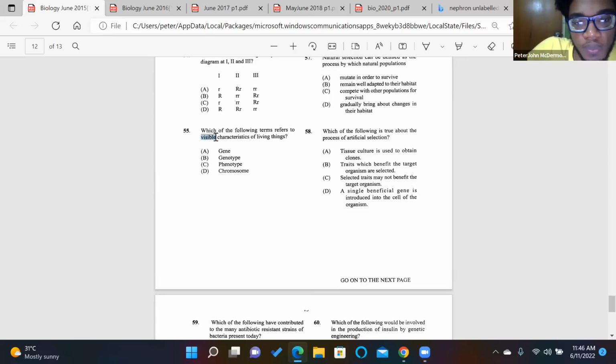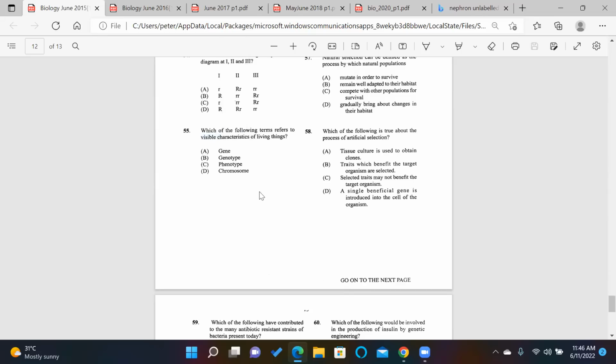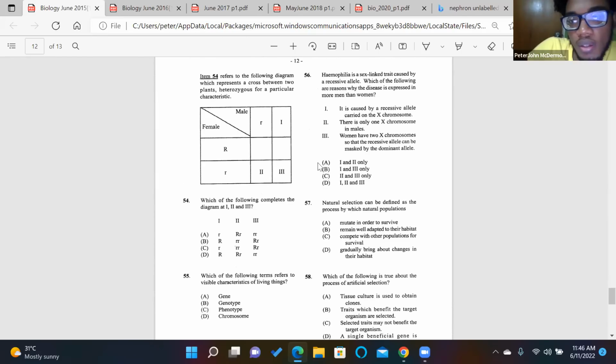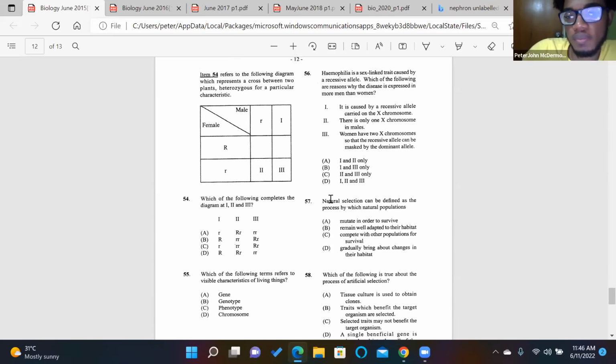Sorry, visible. I think this is literally the exact definition that I gave last time. Hemophilia is a sex-linked trait caused by a recessive allele. Which of the following are reasons why the disease is expressed in more men than women? All right, let's answer, guys.